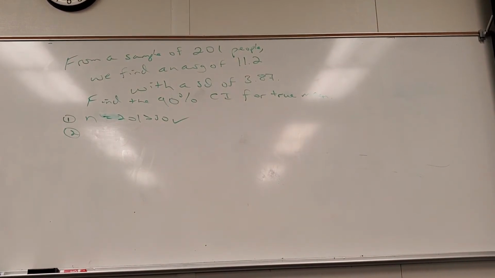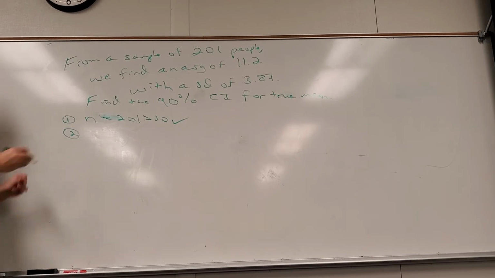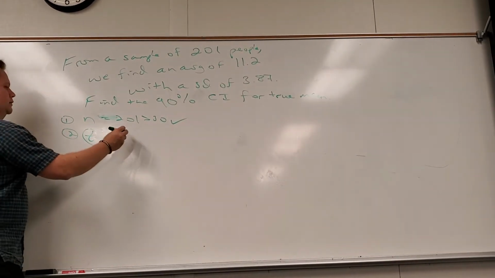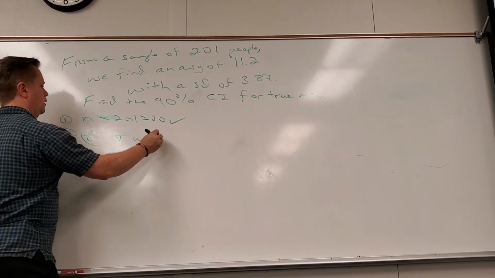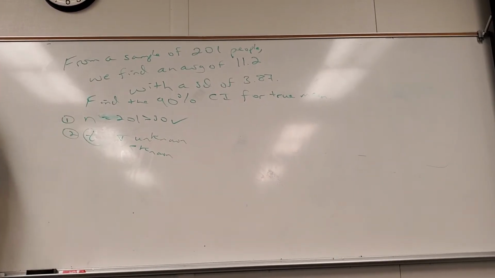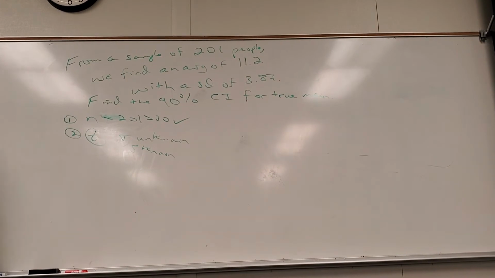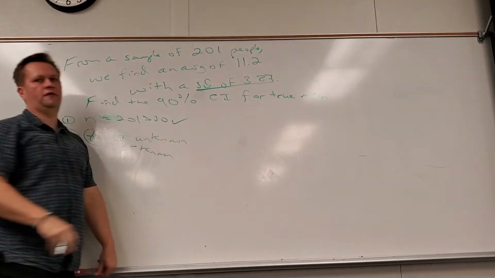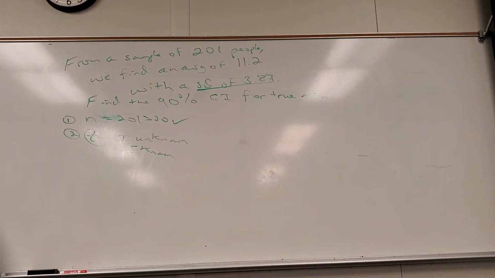And now, how do I tell if I'm going to use z or t? Why do I use t? Yes. Sigma unknown. S is known. And again, people see this and they say, well, he told me the standard deviation, so it's z-scores. Again, that doesn't make any sense. Which standard deviation? How did you know it was a sample standard deviation?